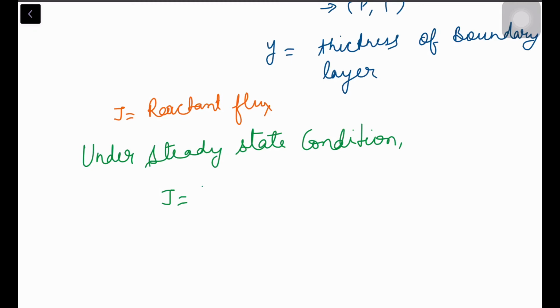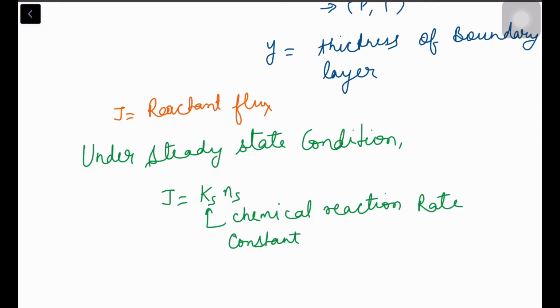So J is proportional to Ns only. The proportionality constant is replaced by Ks, where Ks is the chemical reaction rate constant, which represents the surface reaction.